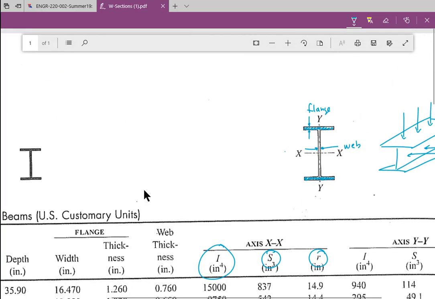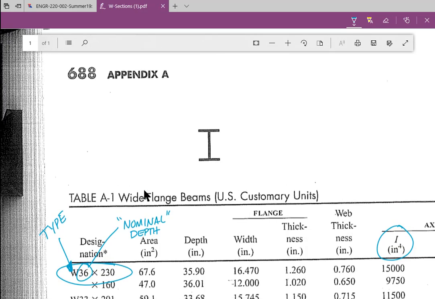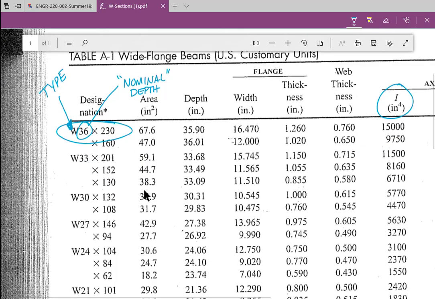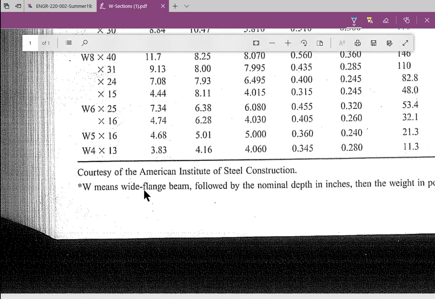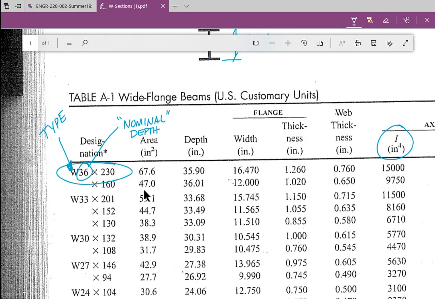The first number, in this case the 36, is the nominal, so not exact but kind of average, depth. And again, they're calling this distance depth. So this beam is almost, and you have to look at the bottom of the page to see the units, depth in inches. So this beam is like 36 inches tall.